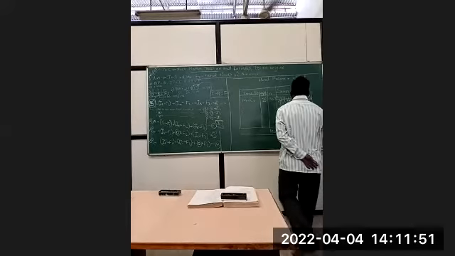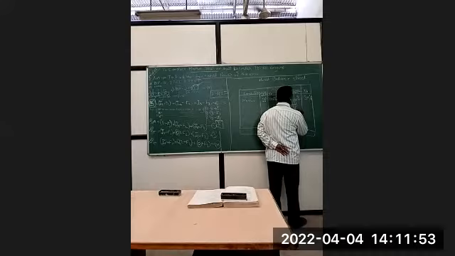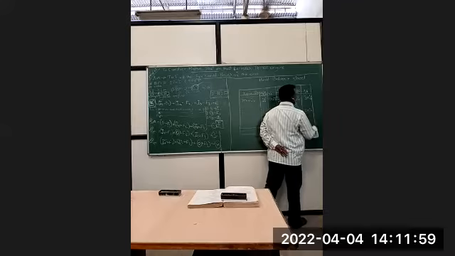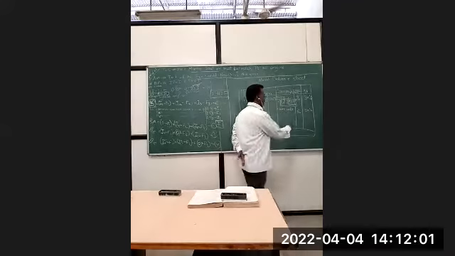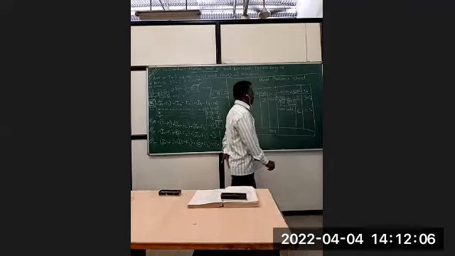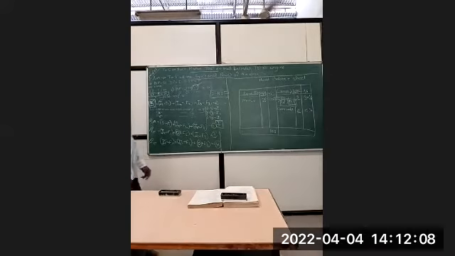Let that be Z kilowatt of energy. Suppose it is approximately 20%, or let's say 15%. So 15% of energy is going to cooling water.